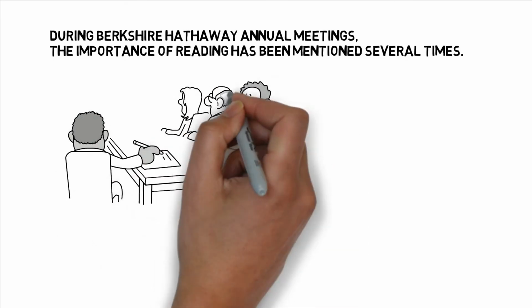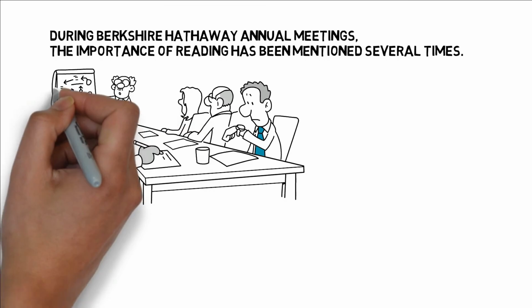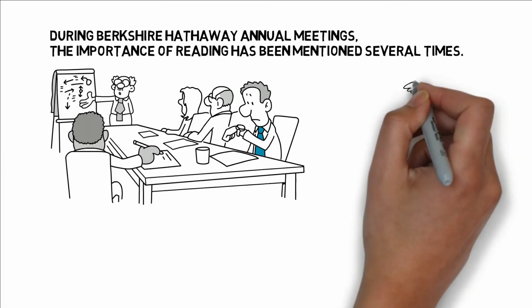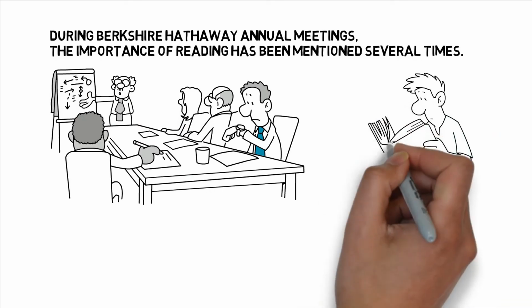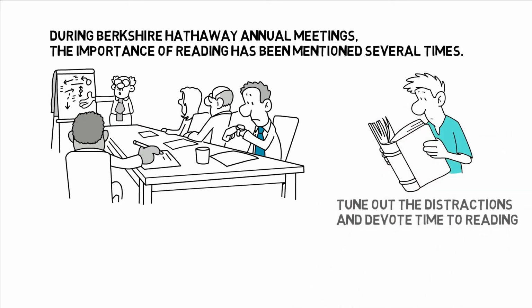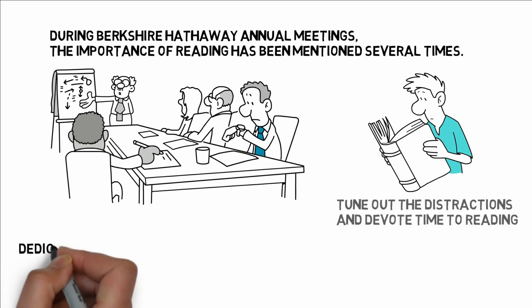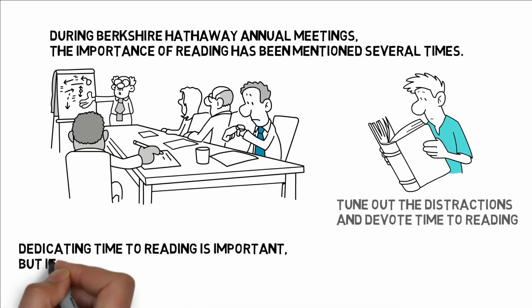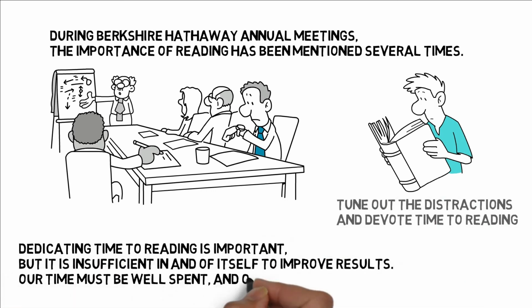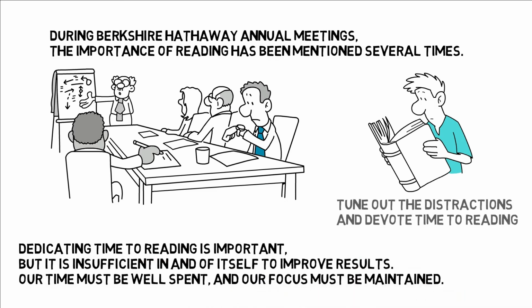There are so many distractions in modern society that it appears there is little time to be focused on reading. This gives those who can tune out those distractions and devote time to reading a significant advantage. This, however, is only the first step. Dedicating time to reading is important, but it is insufficient in and of itself to improve results. Our time must be well spent, and our focus must be maintained.